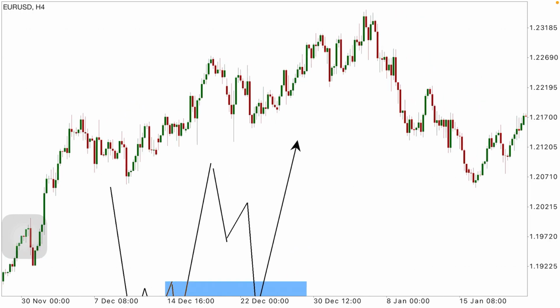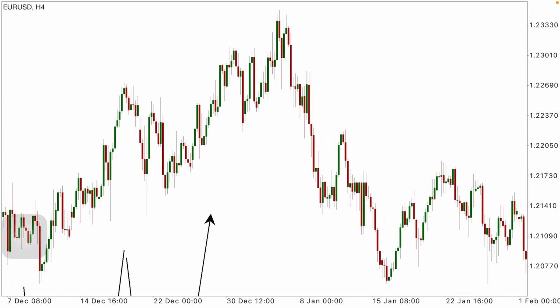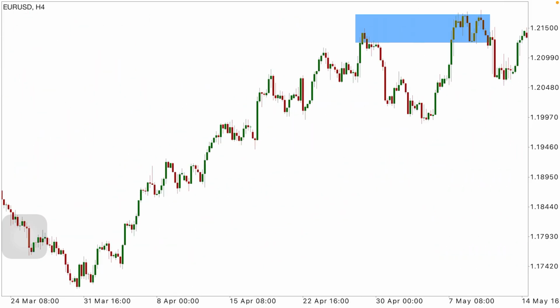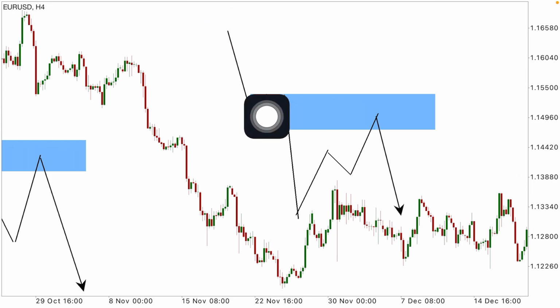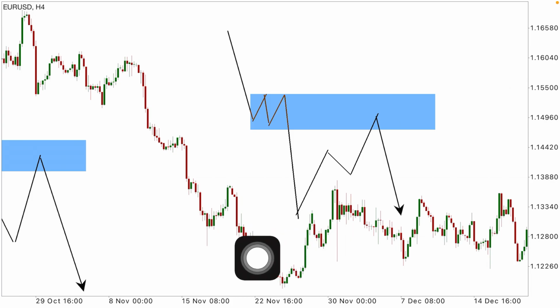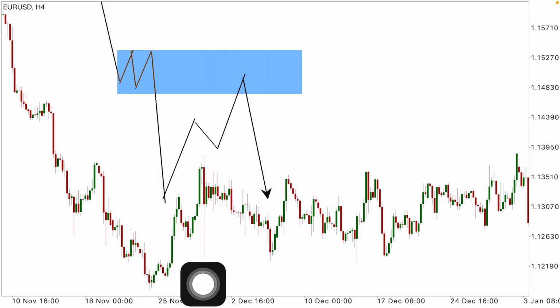The second type of demand zone is the rally base rally, just similar to this one. This is the reverse of the supply zone, the drop base drop. So for the demand zone we have a rally base rally. Let me just draw it.